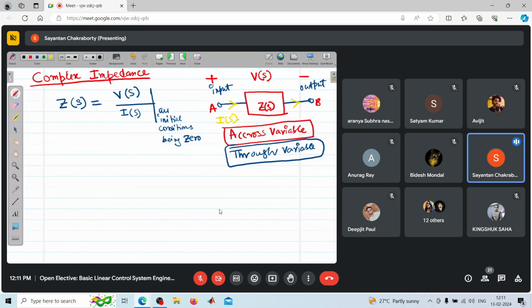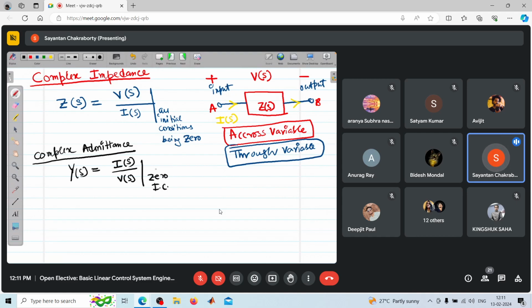So the transfer function of an element, it may be, say, from an electrical point of view, resistance, capacitance, or an inductance, will be given by this relationship. Similarly, the admittance, right?